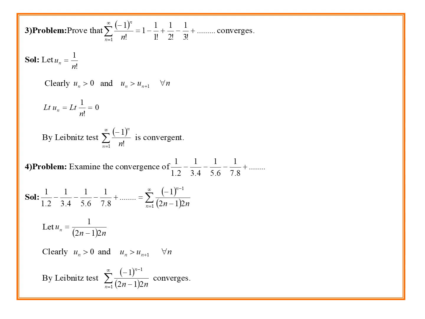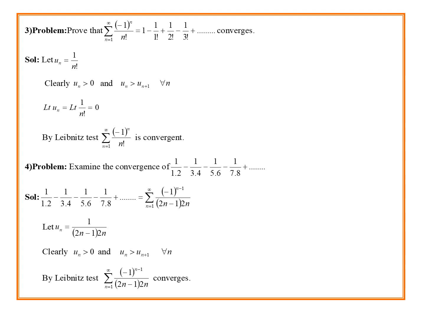Next we calculate the limit of un, 1 by n factorial, which is 0. The second condition also holds. So by the Leibniz test our alternating series is convergent.